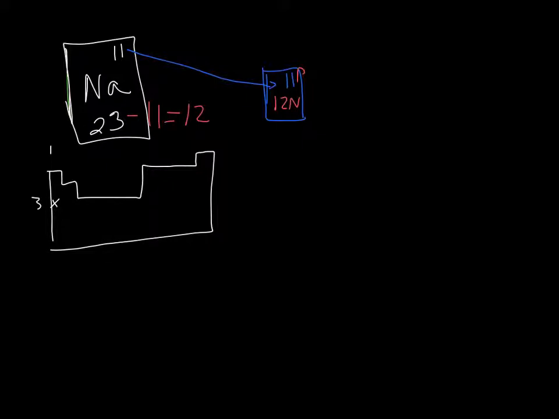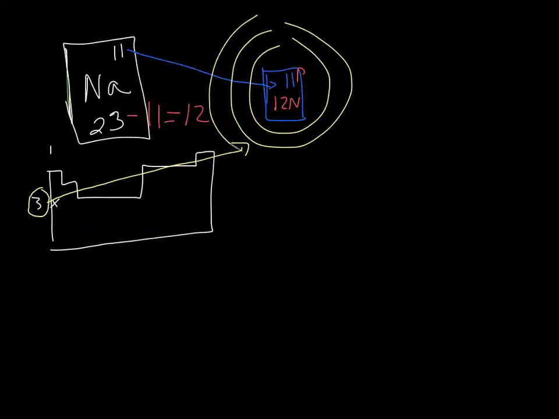Now, because sodium is in the 3rd period, that means we're going to have 3 orbitals. It's in the 1st column, or the 1st group, which means it has 1 valence electron.